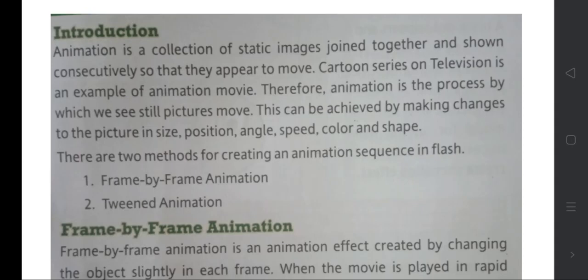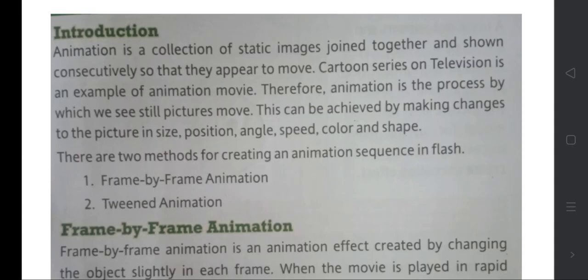When all these pictures are played one after one, the still pictures look like an animated movie. This is how all animation files work, and here also we are going to see that. This can be achieved by making changes to the pictures in size, position, angle, speed, color and shape.